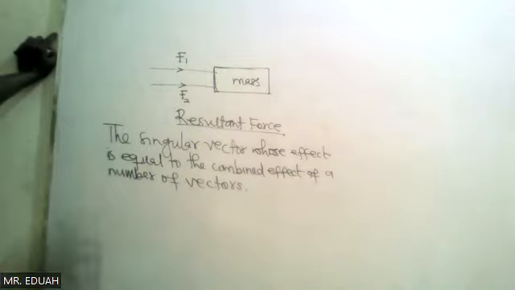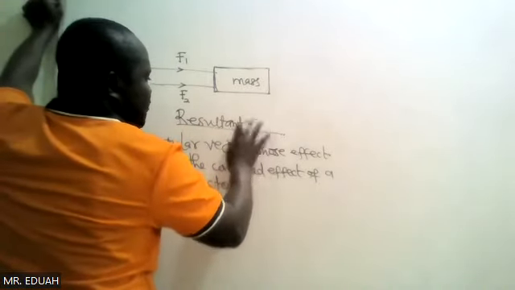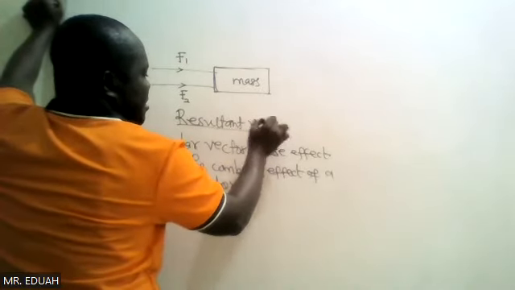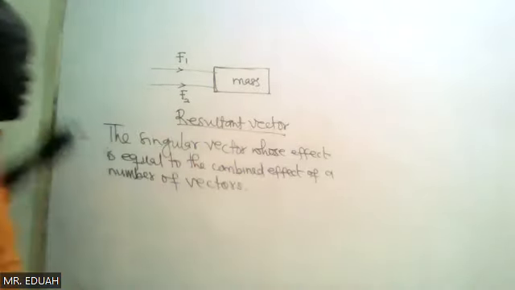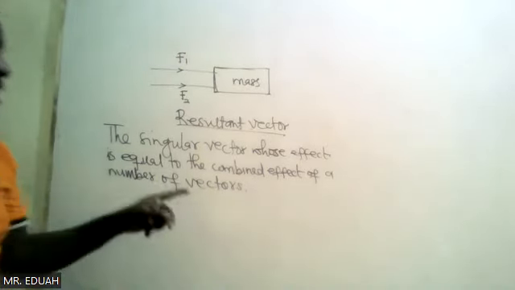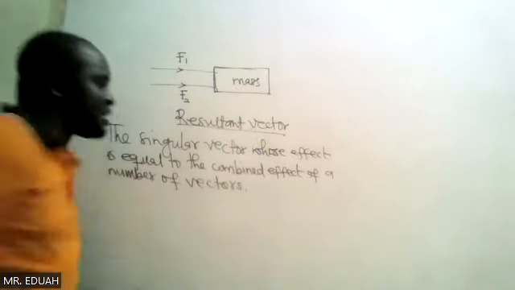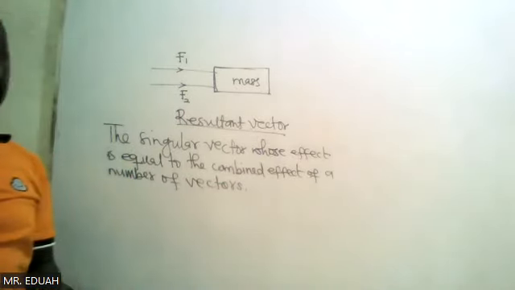So the resultant vector, instead of force, let me put vector, is the single force or vector whose effect is equal to the combined effects of a number of vectors.